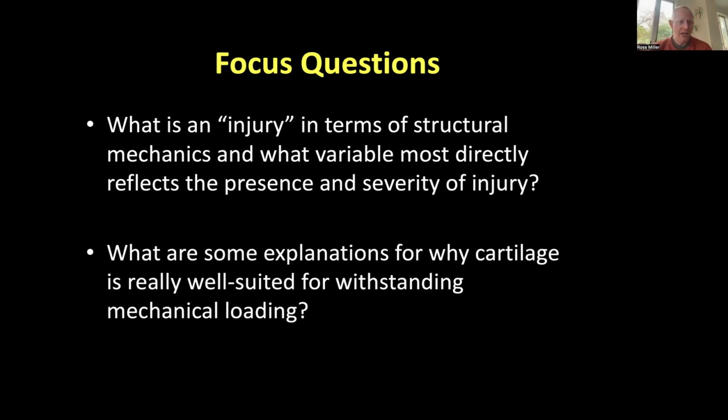And the overall biphasic poroviscoelastic nature of cartilage, where it's this solid collagen matrix with fluid embedded in it, makes it possible to load up the whole tissue with large loads, large stresses, large strains without necessarily resulting in large stresses and large strains on the collagen itself, which is the damage-prone material.